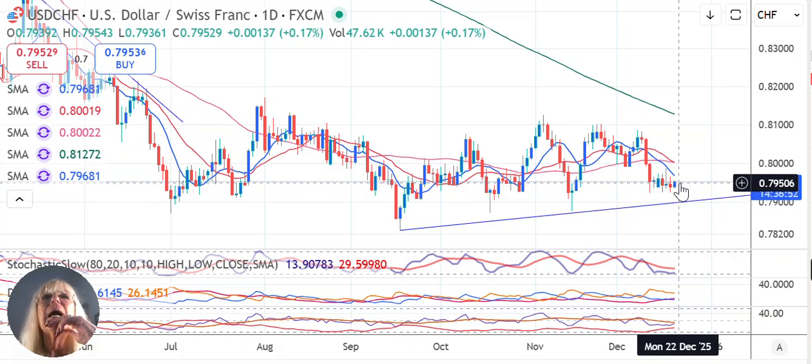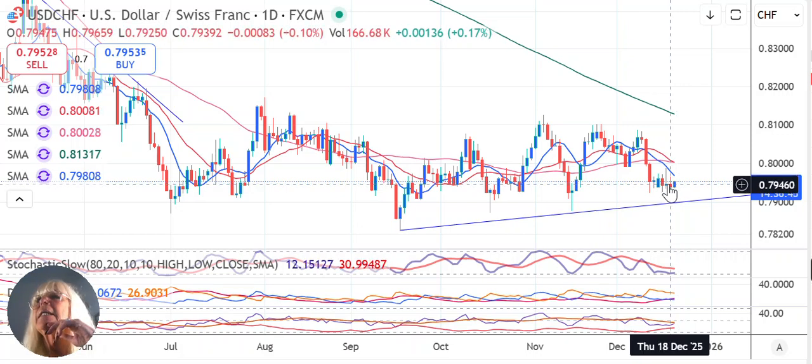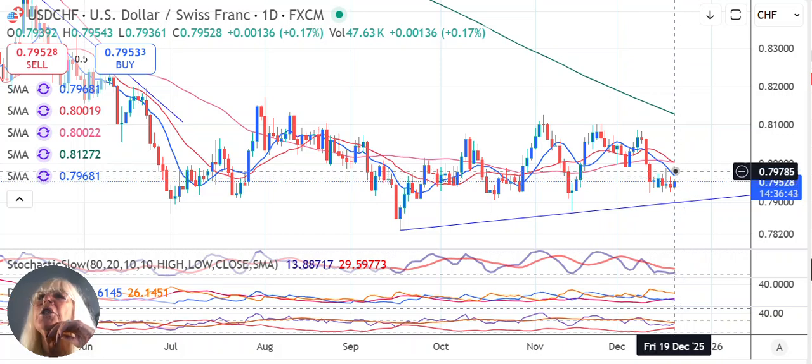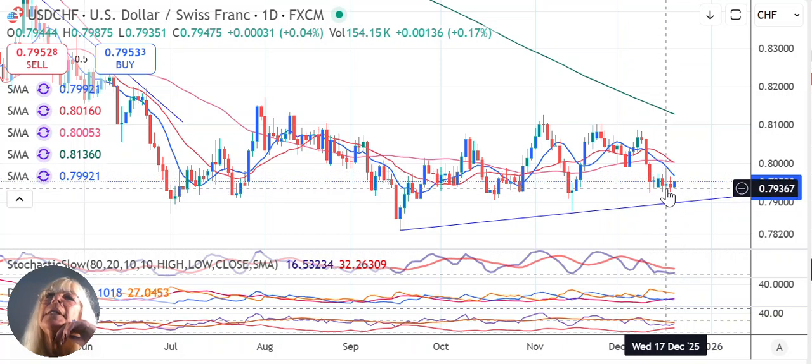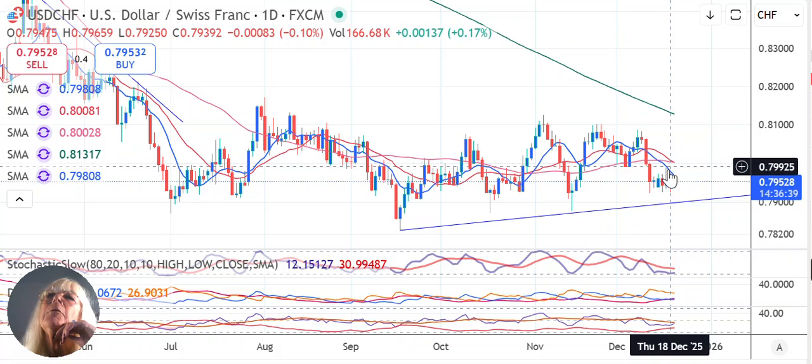They're coming in at 80.02 and 79.68. So just watch, and you can see where it just kissed that moving average there.